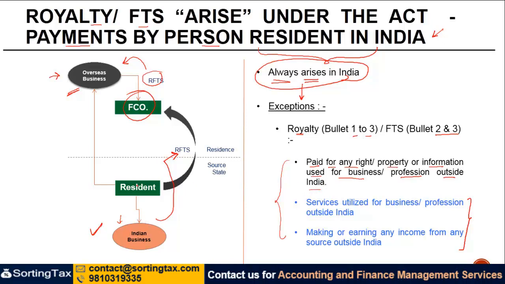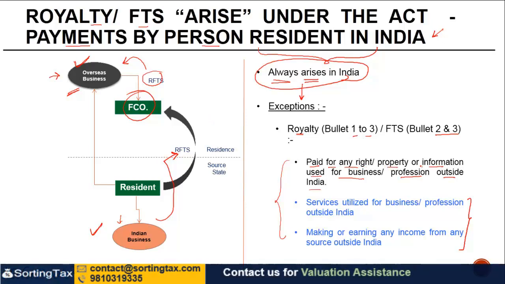If this resident was carrying on a business outside India and the reason why the royalty is paid is because this payment is for any right, property or information which was used for a business or a profession outside India, then such royalty will not be treated as arising in India, even though the payment might have been made by a resident.